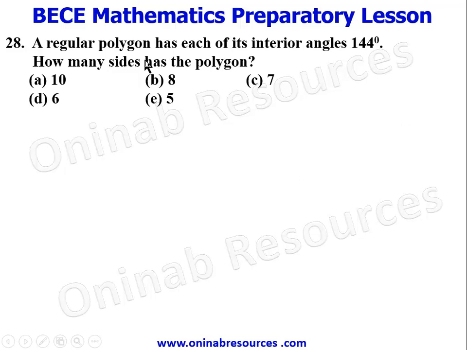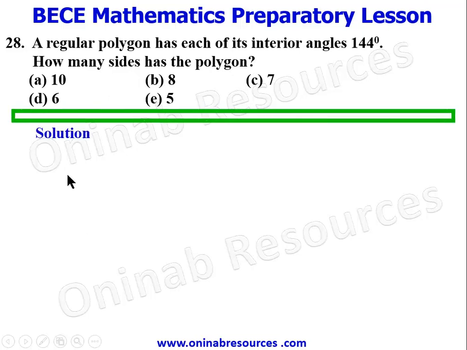Problem 28. A regular polygon has each of its interior angles 144 degrees. How many sides has the polygon? So we have the options there. To find solution to this problem, we let n be the number of sides.